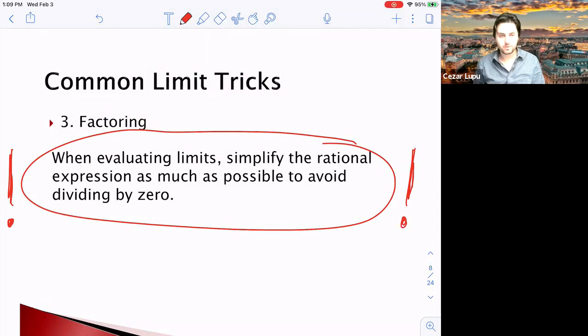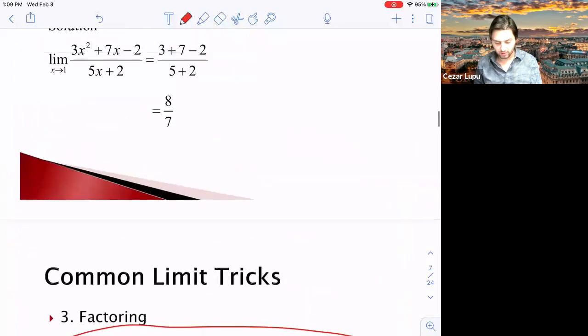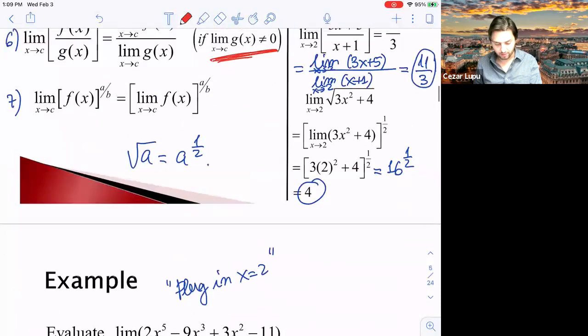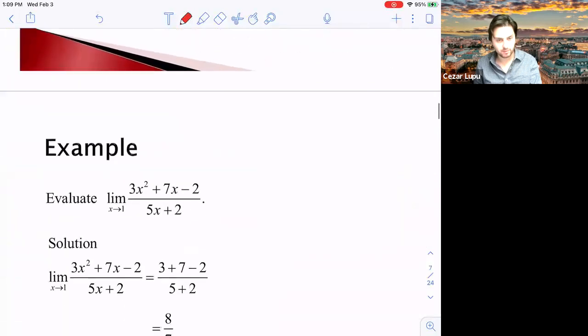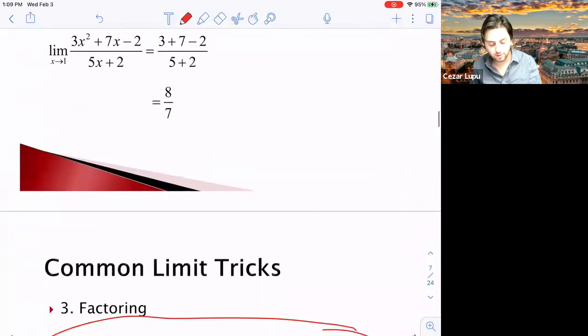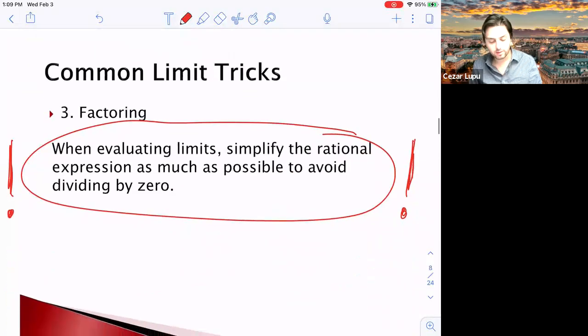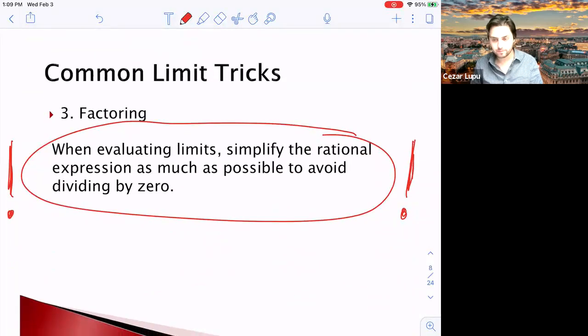That's the trick. You make use of this factoring trick once the previous step, plugging it in, doesn't work, as we have seen in these examples. So keep this in mind.